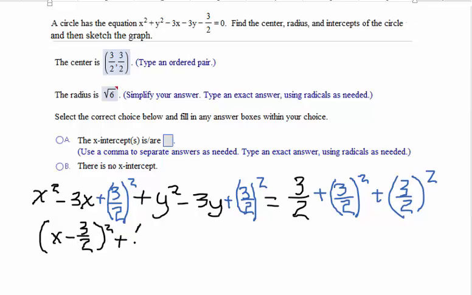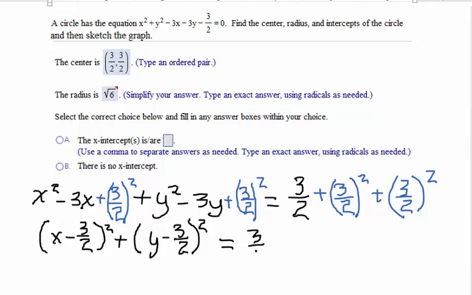And I'm going to add to that the square of y minus 3 halves. Now, typically, these would not have the same constant in them. But in this case, since the x and the y term had a coefficient of -3, these two binomials have the same constant of -3 halves in them.